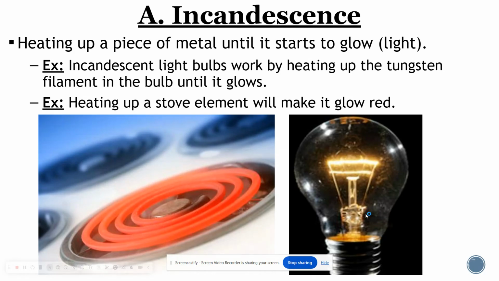When electricity flows through it, the electricity heats up the metal here, called a tungsten filament, and it heats up so much that it starts to glow. And that's called incandescence. Now, this incandescent light bulb is very inefficient, meaning it does produce light, but it also releases a lot of energy, heat as energy, and that's very wasteful.